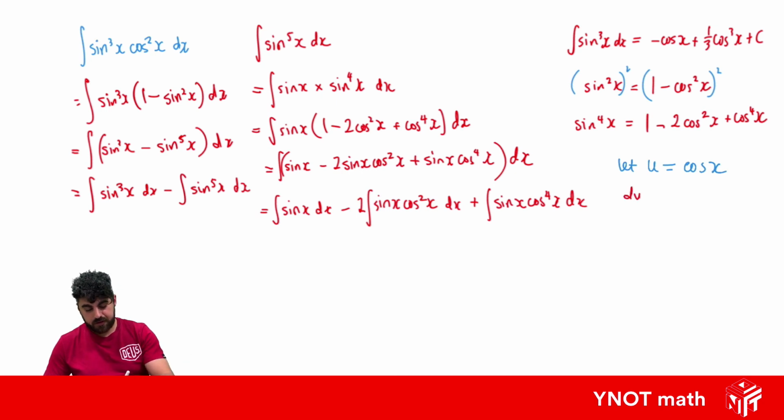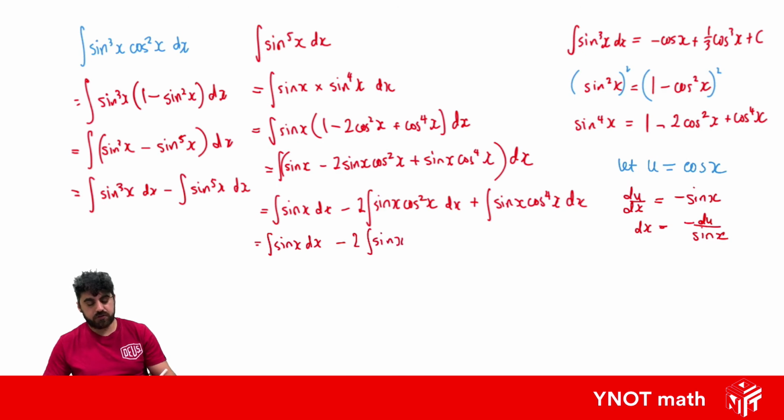So we're going to get du dx, derivative of cos is minus sine, and we'll make dx the subject, and we'll get minus du over sine x. We'll leave this integral of sine x for now, minus 2 times the integral of sine x.